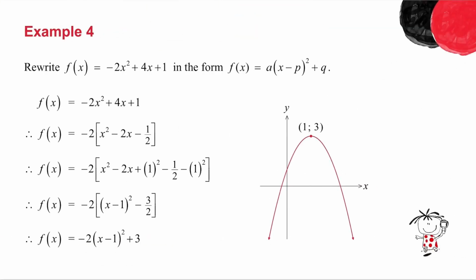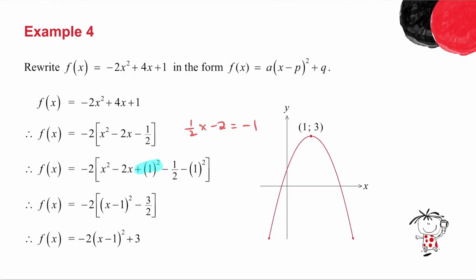Okay, so the first thing I do is I take out the minus 2, and I'm left with that. Don't worry about fractions, we must just be able to deal with them. I then take half the coefficient of x, which is minus 2, so I get minus 1, and I then add that on squared. And remember we said whether you're adding on minus 1 squared or 1 squared, it's the same thing.